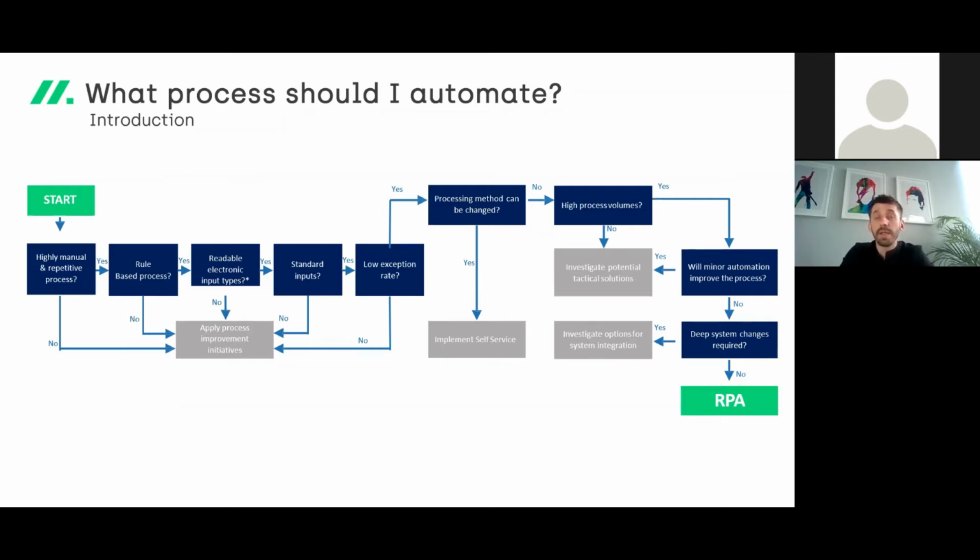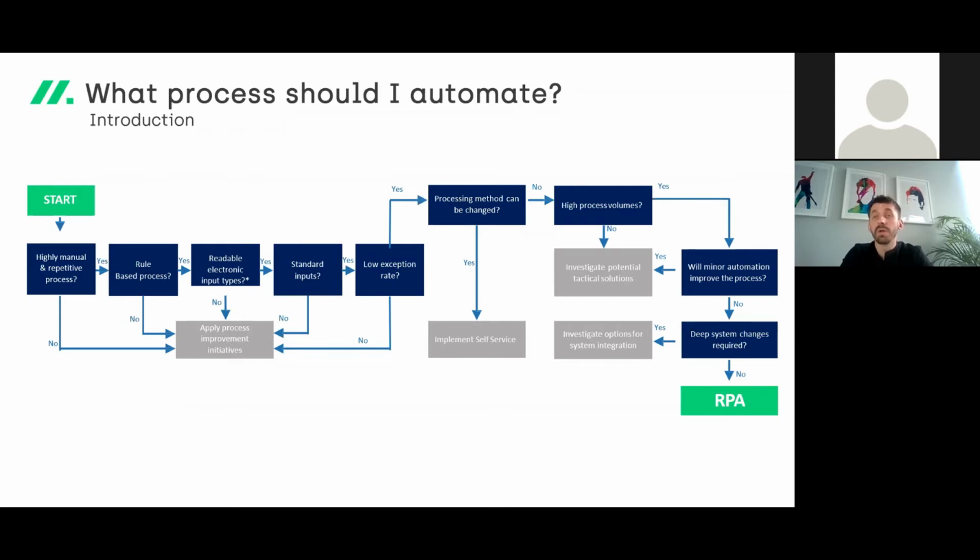Then we ask if the process has a high volume of transactions. If no, then we should investigate some potential tactical solutions. If yes, we go to the next question: will the manual automation improve the process?